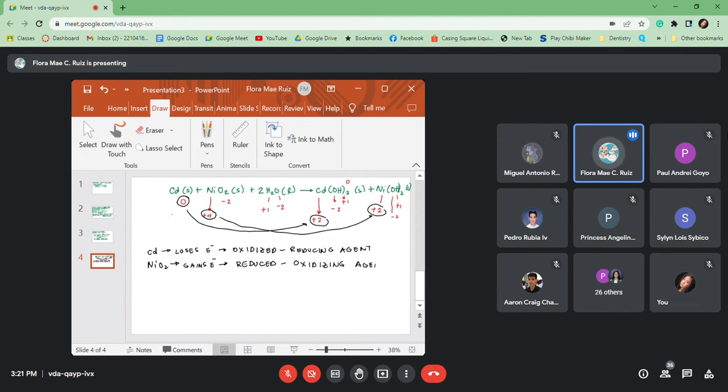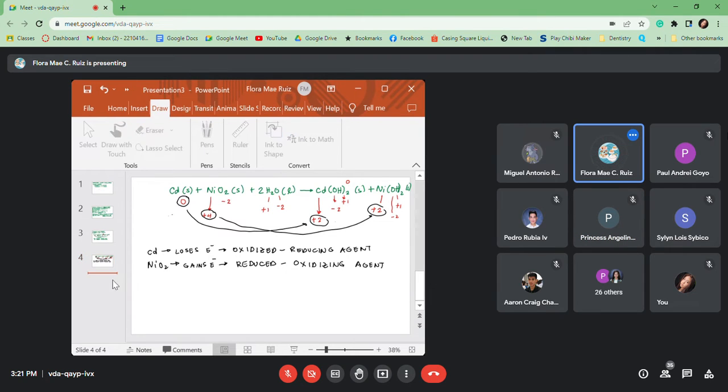So nickel dioxide is the one responsible for oxidizing Cd. That's why that is your oxidizing agent. Cadmium is the one responsible for reducing NiO2. That is why you call it your reducing agent.